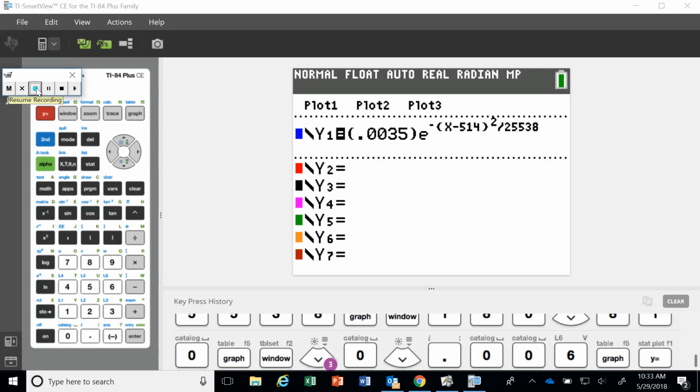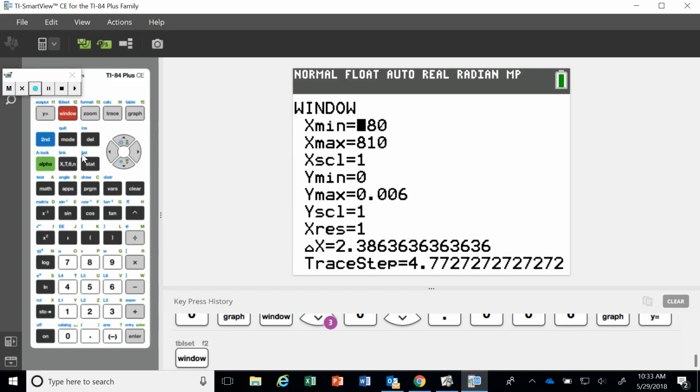I've gone ahead and inputted our function into our calculator, and I want to show you what the window is specifically. It said that x goes between 200 and 800, so I made it 180 to 810, just to give us a little wiggle room.